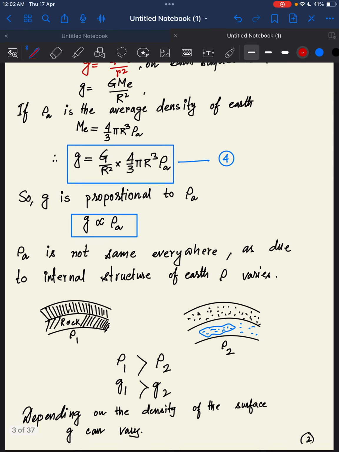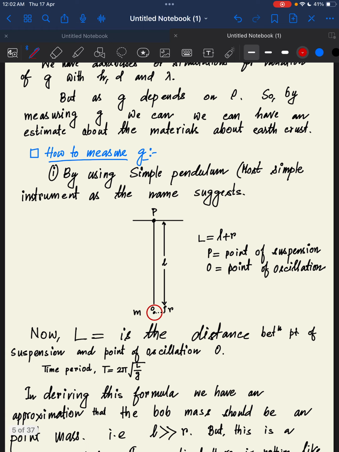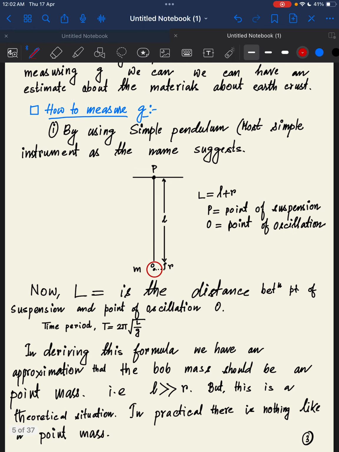So there comes a method like the compound pendulum. This is the structure of the simple pendulum that I have drawn. In deriving this formula, we have an approximation that the bob should be a point mass, that the bob will be a point-like object. But in a practical scenario, we cannot form that.